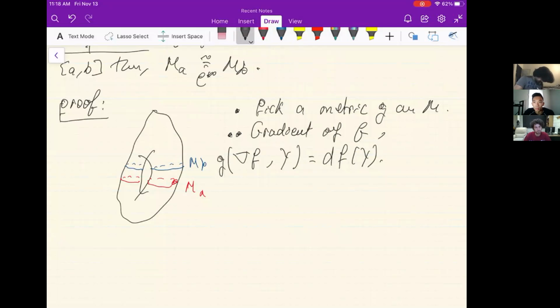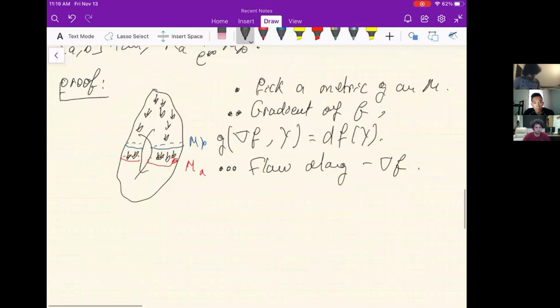Then you take the flow along the negative gradient of f. These arrows represent the gradient vector field of f, and you flow M_B along the negative gradient of f.